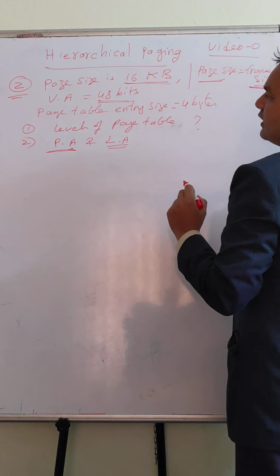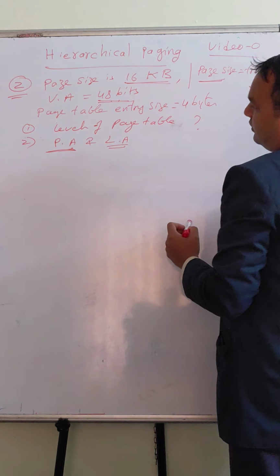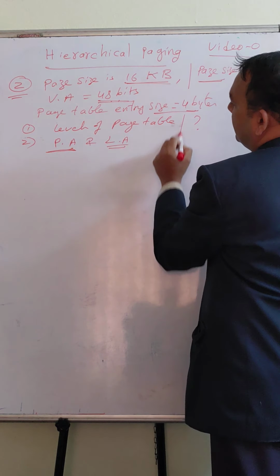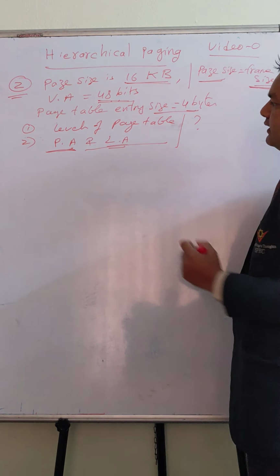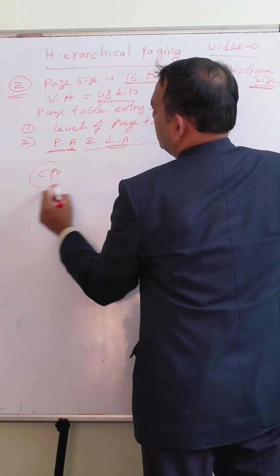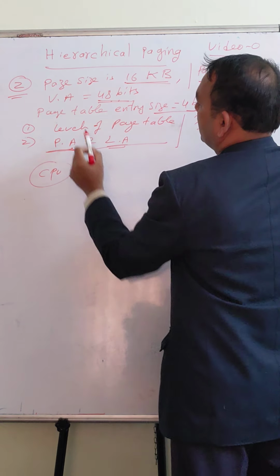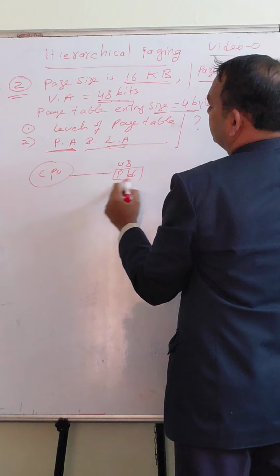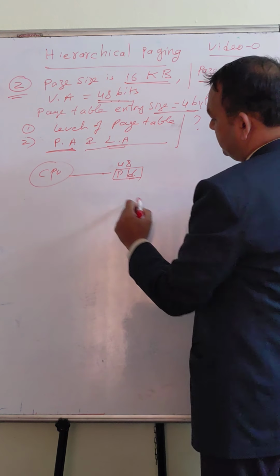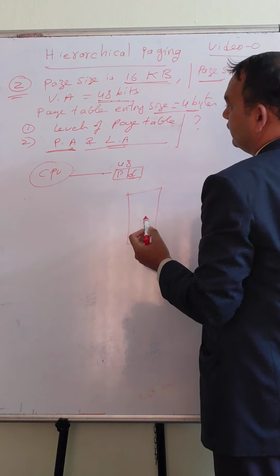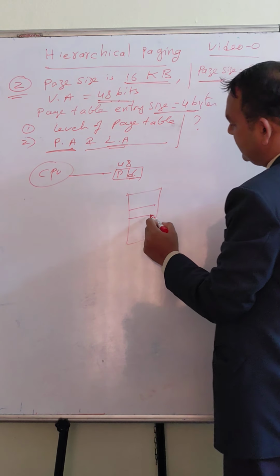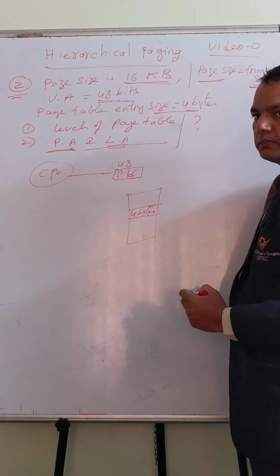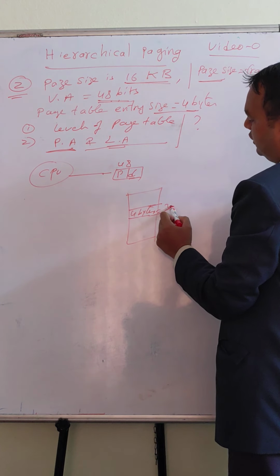That is 16 KB. Virtual address is 48 bits. Page table entry is 4 bytes. Now we need to calculate the length of the page table. The CPU generates a logical address, a virtual address of 48 bits. Page table is there. We don't know what the page table size is, but each entry is 4 bytes, which means 32 bits.